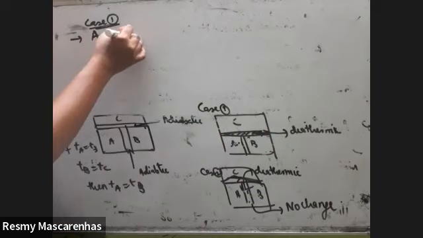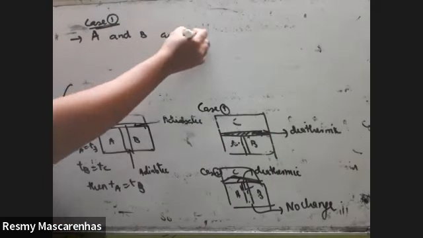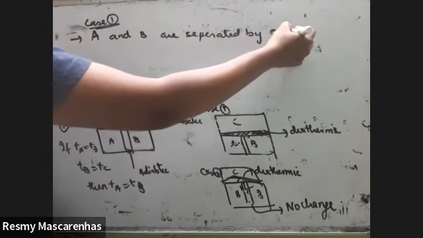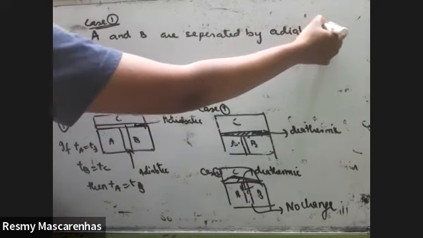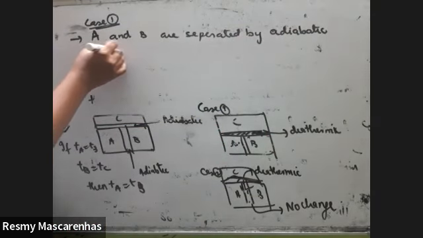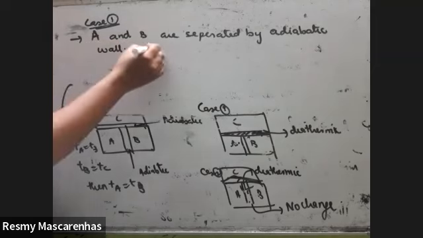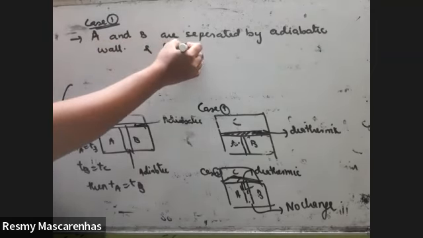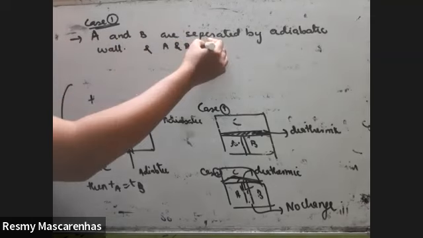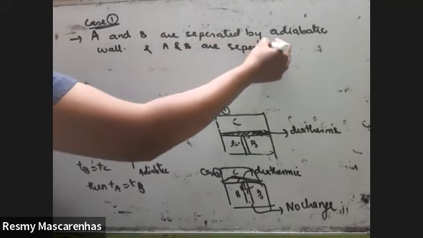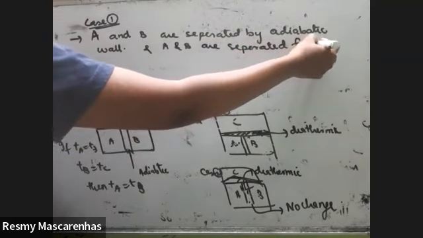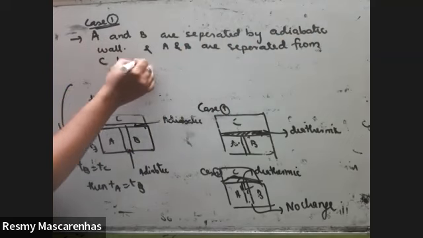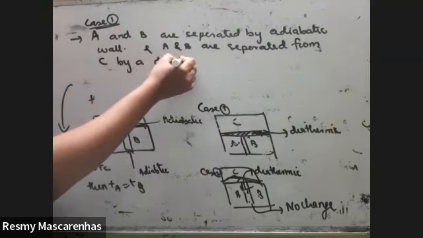A and B are separated by an adiabatic wall, and A and B are separated from C by a diathermic wall.